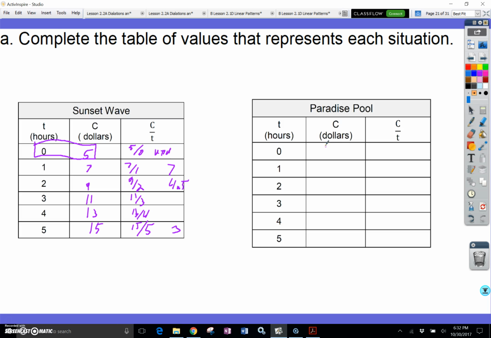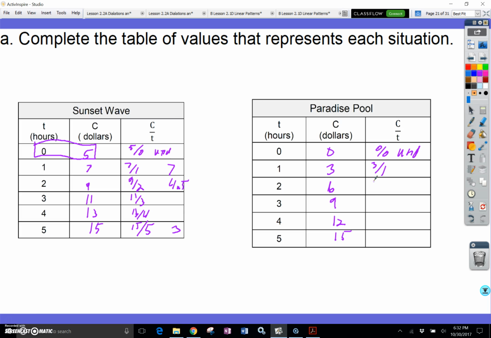Now these guys over here, they have a $0 entrance fee, but every hour that you are there, it's going to be an additional $3. So every hour you stay, you pay an additional $3. Now let's see if this has a constant of proportionality. We have 0 over 0, which is just undefined.